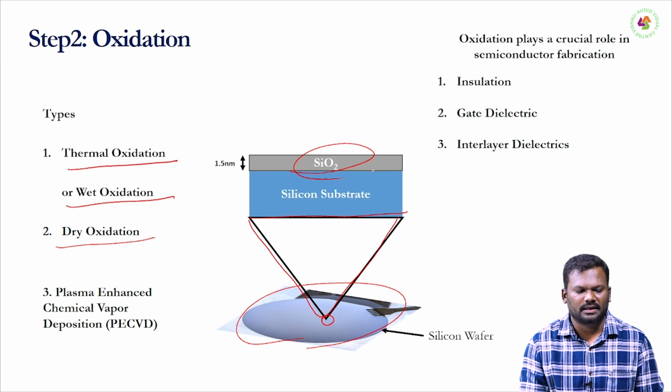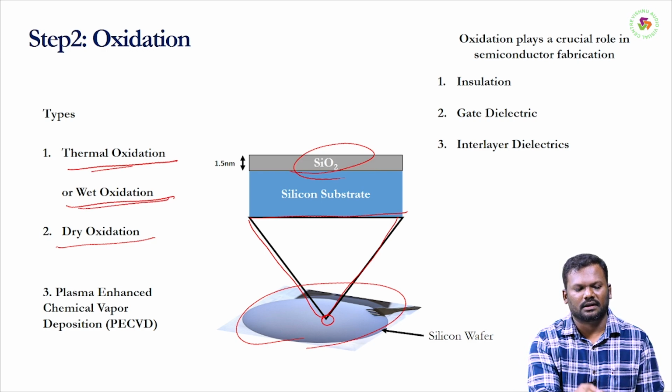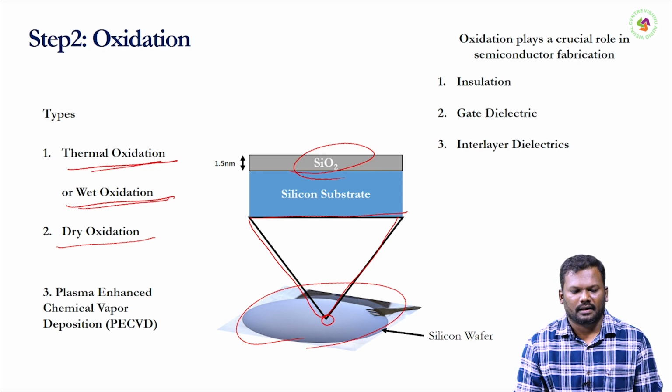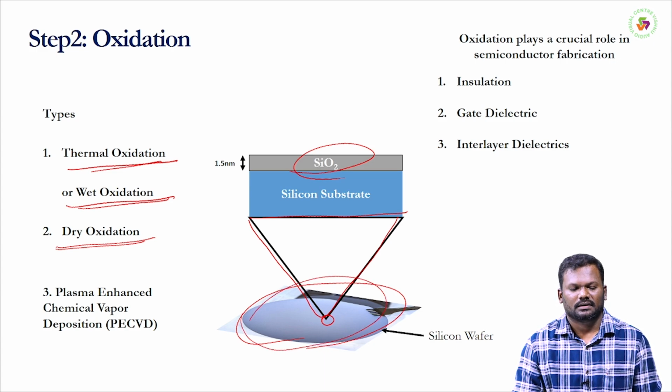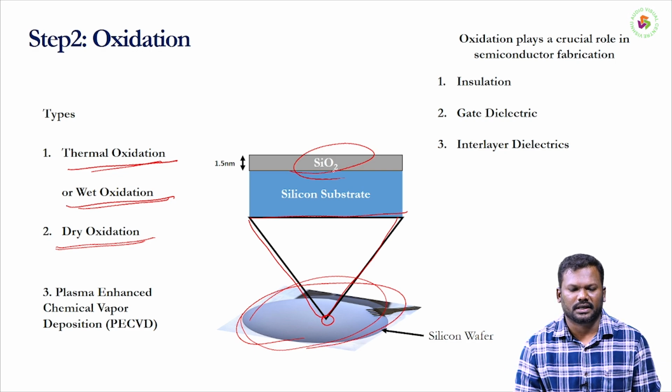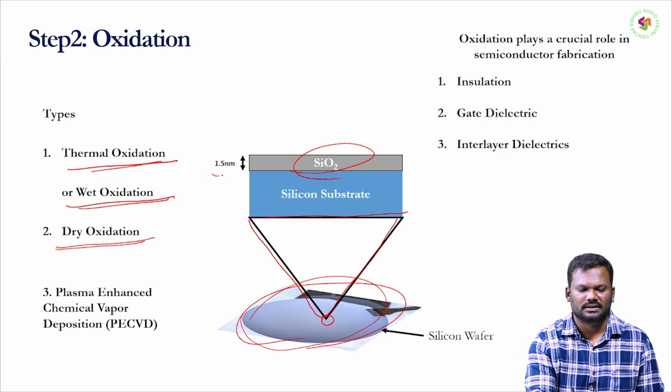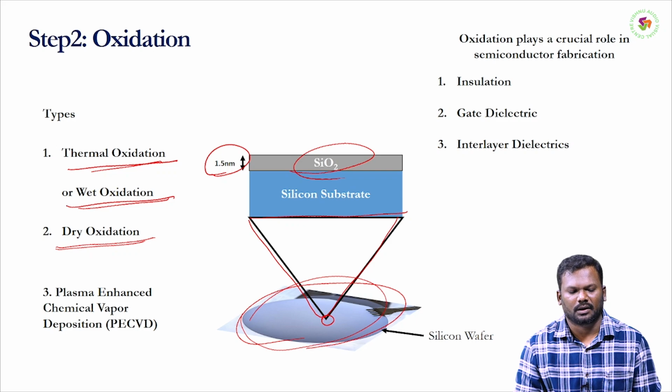It is one method that we call wet oxidation or thermal oxidation, and another method is dry oxidation. In dry oxidation, you need to send oxygen onto the silicon substrate, then it will grow silicon dioxide of a thickness of 1.5 nanometers.